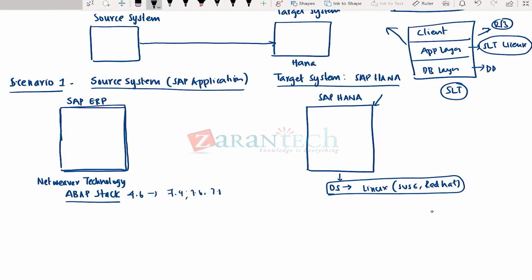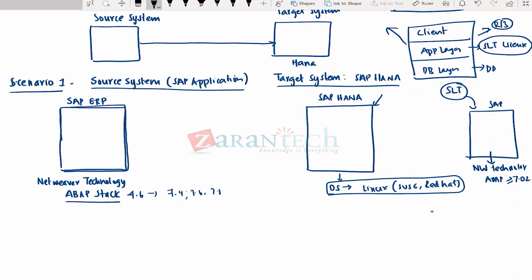Now, for an SLT to be placed in a box like an SAP application, any SAP application, the requirement is that it should be running on NetWeaver technology which has an ABAP stack version greater than or equal to 7.02. Again, a very important certification question.